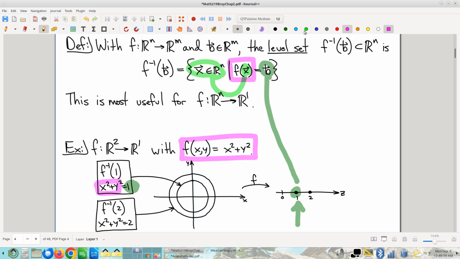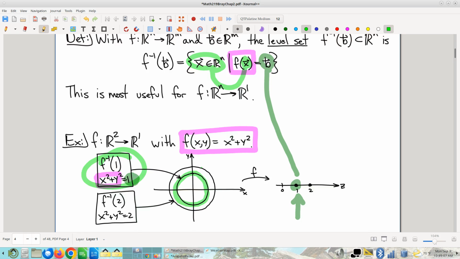That is not a hard algebra problem. It's kind of flashbacks to high school algebra. I think they would have called this algebra 2 when I was in school. Who knows what they call it now. But of course, that equation, x squared plus y squared equals 1, boom, circle. So that is an example of a level set of that function.